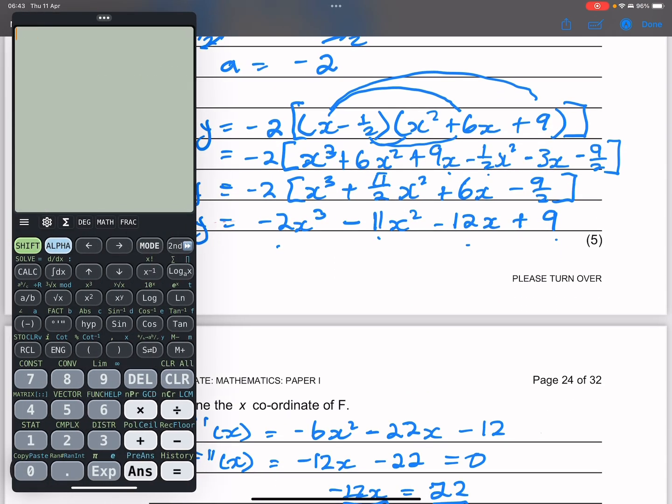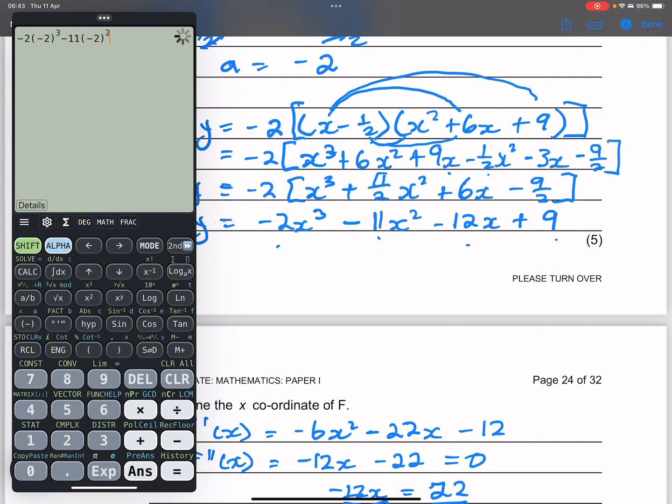So that's going to be negative 2 times negative 2 cubed, minus 11 times negative 2 squared. Actually, that was supposed to be negative 2. Apologies. Times negative 2. Okay, so that's negative 2, and that's negative 2 squared.